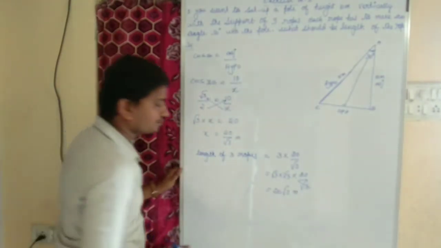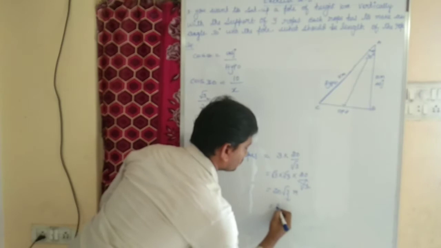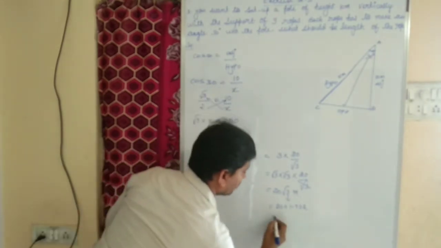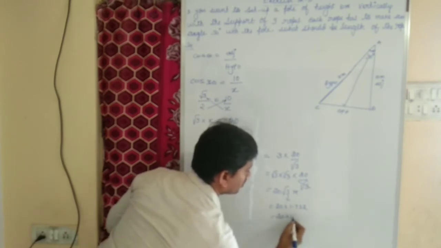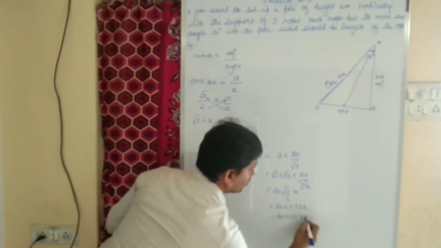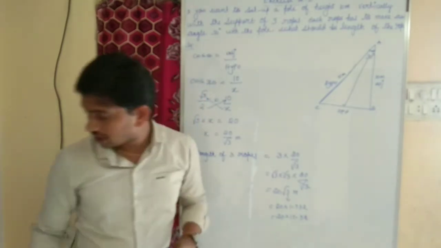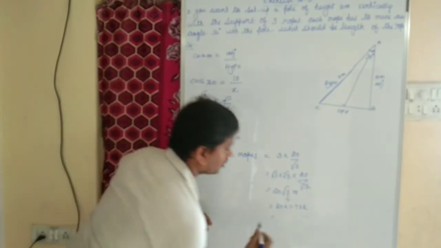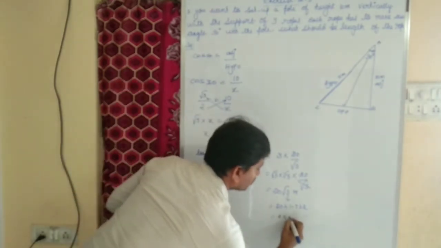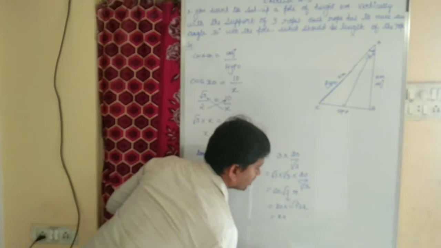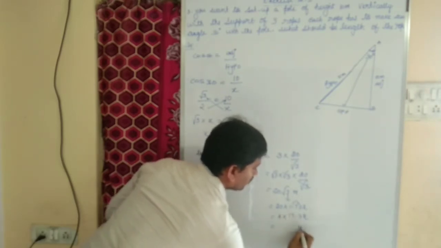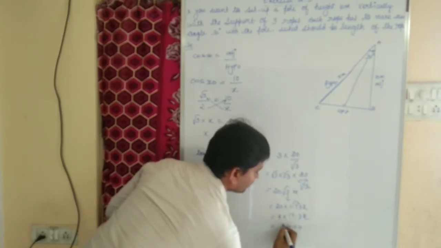If you want to write root 3 as 1.732, it will become 20 into 1.732.